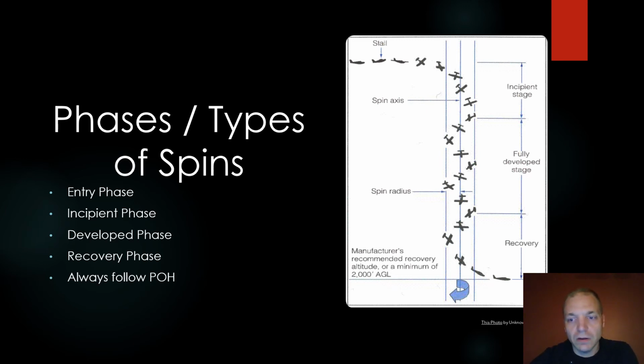So I mean all the way to the floor, full stops, opposite of the spin, and then briskly move the elevator control full forward to break the stall. After the rotation stops, neutralize the rudder and bring the nose up slowly, cautiously to level flight.